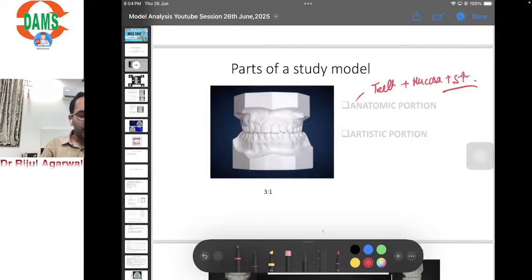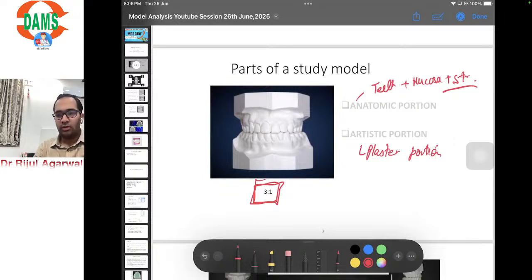The artistic portion is the plaster portion, the surrounding plaster of the model. So it is very easy to determine. Technically the anatomic portion should be more than the artistic, and how much more? It is in the ratio of 3:1. So this is the first value from the study model: the ratio between anatomic and artistic portion should be 3:1.